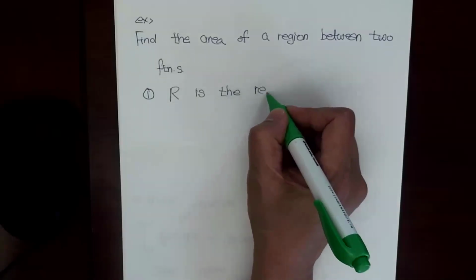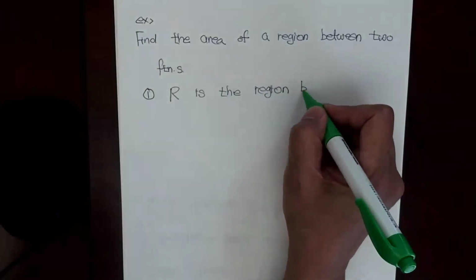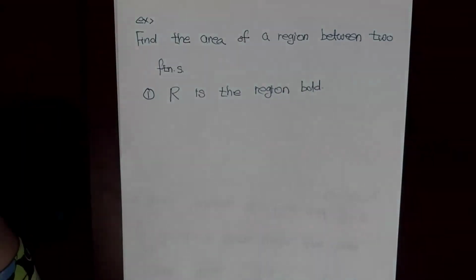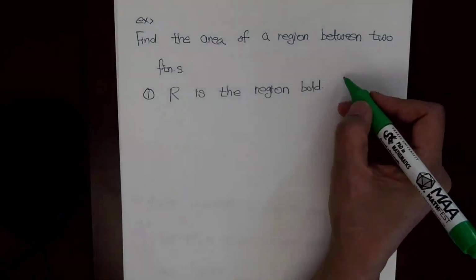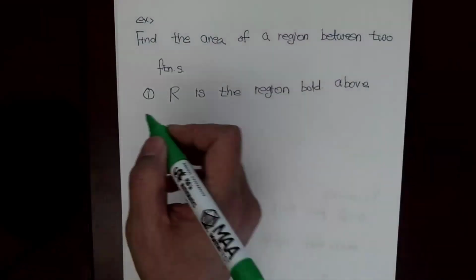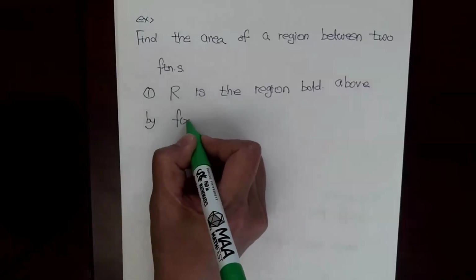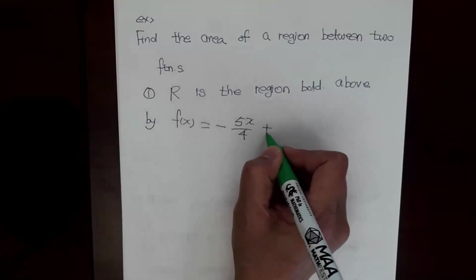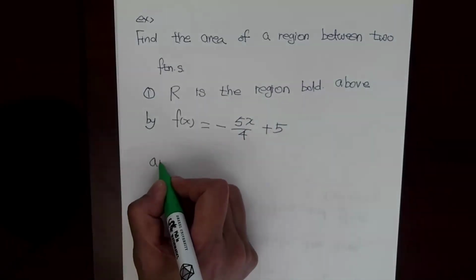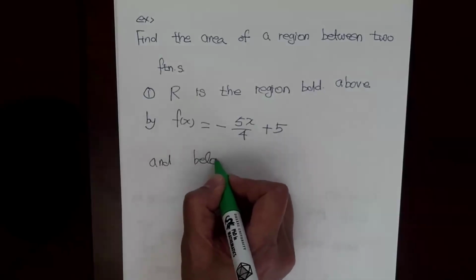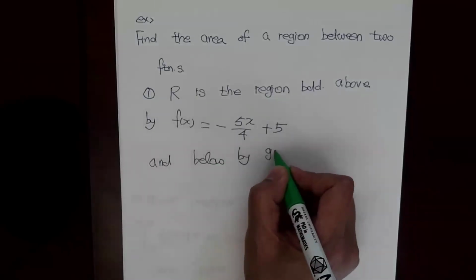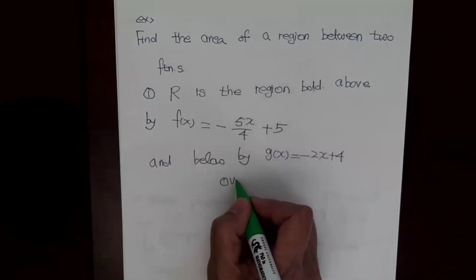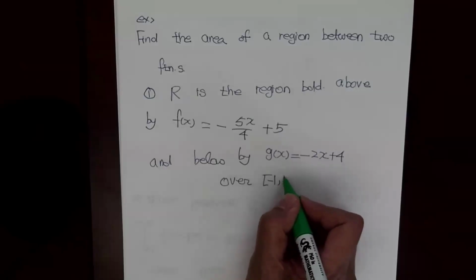R is the region bounded above by f of x equals minus 5x over 4 plus 5, and below by g of x equals minus 2x plus 4, over minus 1 and 5.